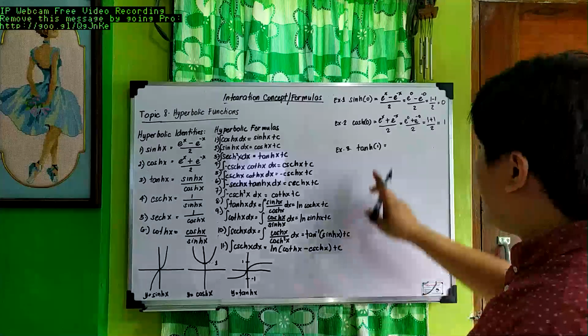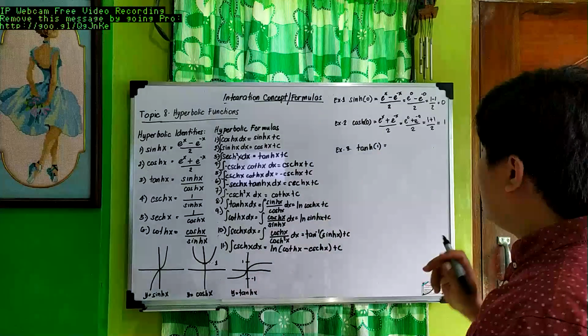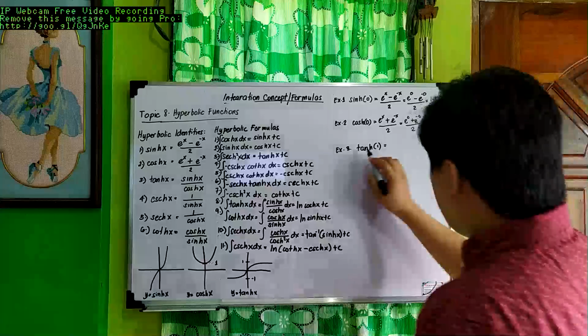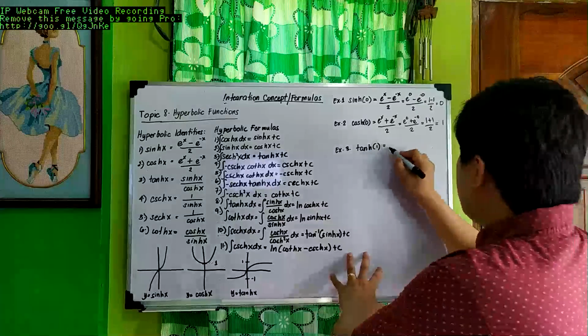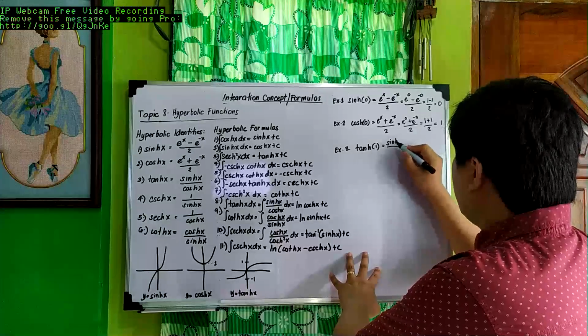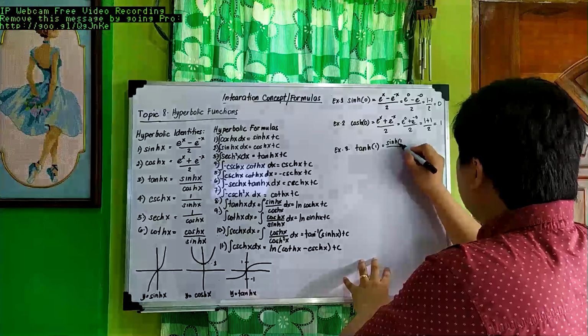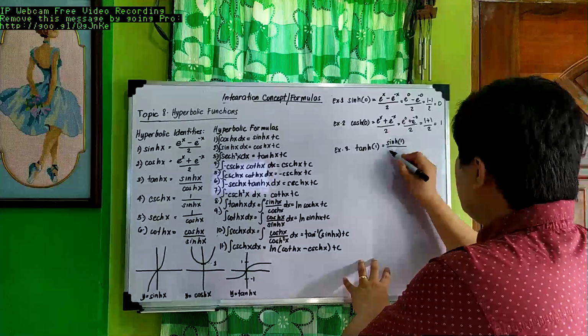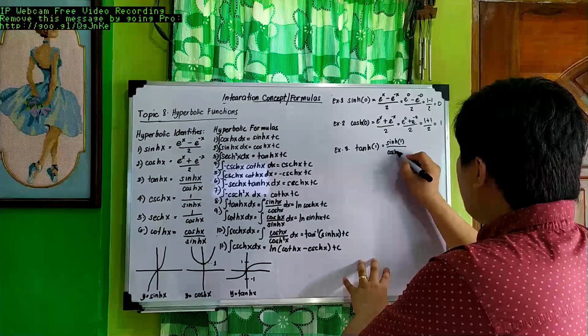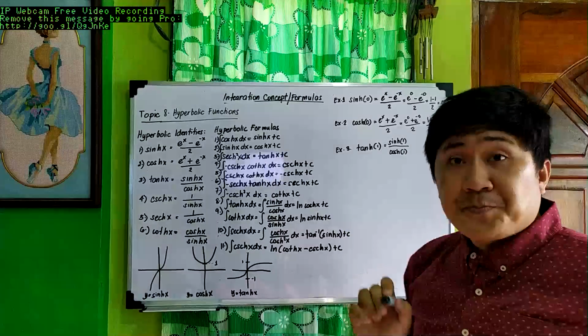Let's try for our tangent hyperbolic 1. So we know that our tangent hyperbolic is equivalent to sine hyperbolic, which gives you 1 here for our x, over cosine hyperbolic 1. Alright?